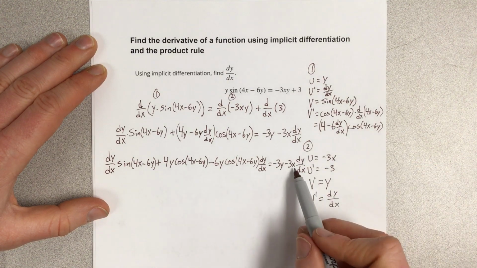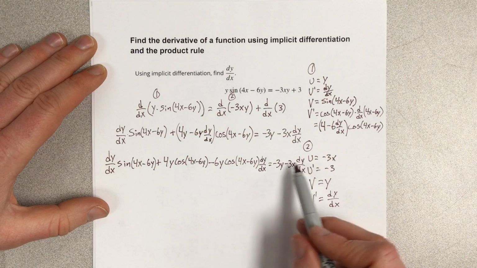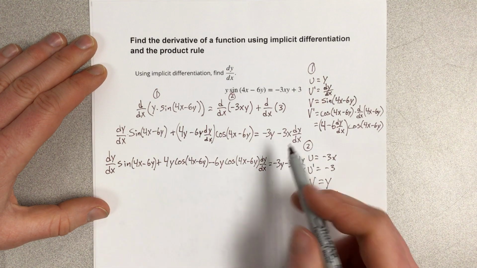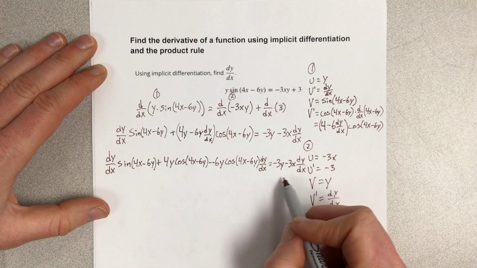So I need to get all three of these terms on the same side with the dy/dx. So I'm going to move this term to the right side by subtracting, and I'll move the 3x over to this side.